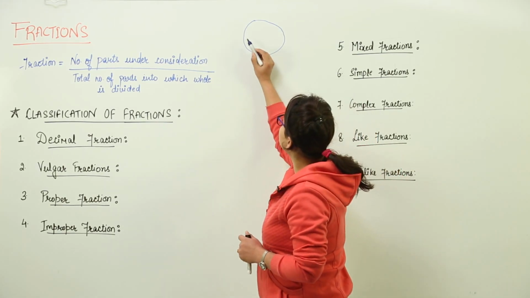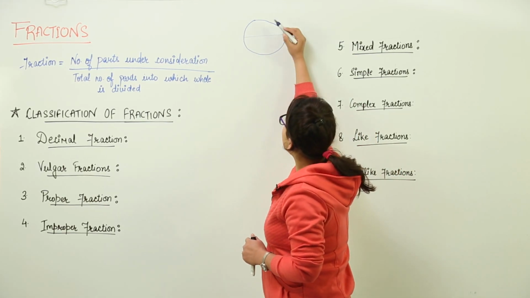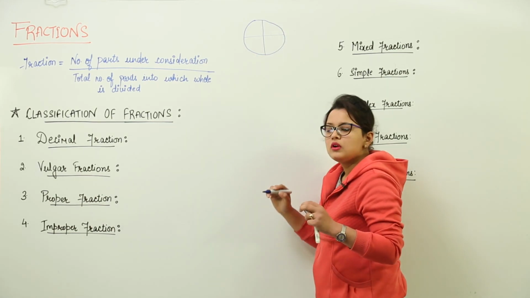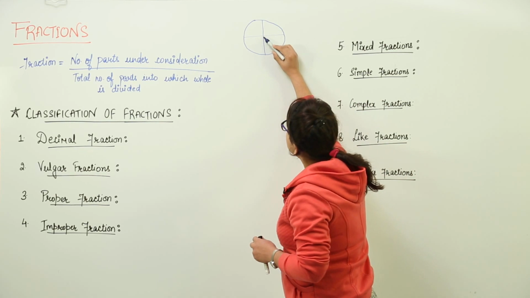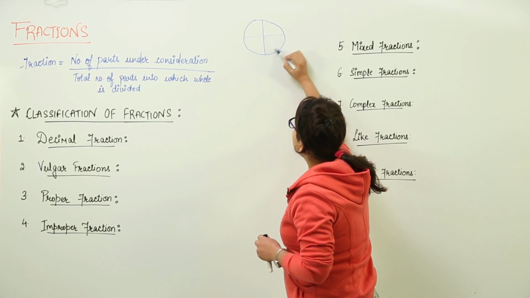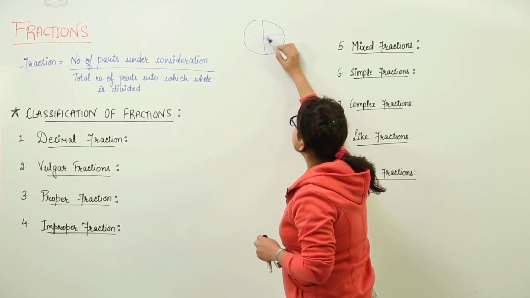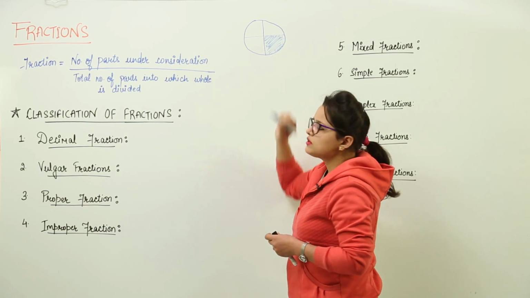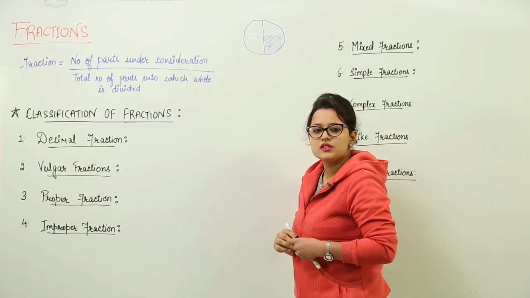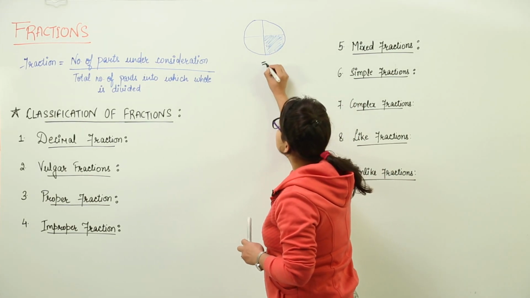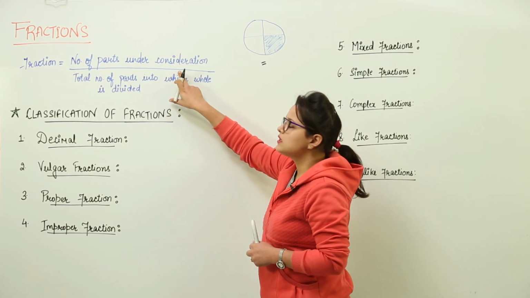Now, say for example, I divide this into 4 parts like this. Now, say I have shaded this portion. The question that I am going to ask you is, can you tell me the fraction for this part? The fraction for the shaded part can be written as the number of parts under consideration.